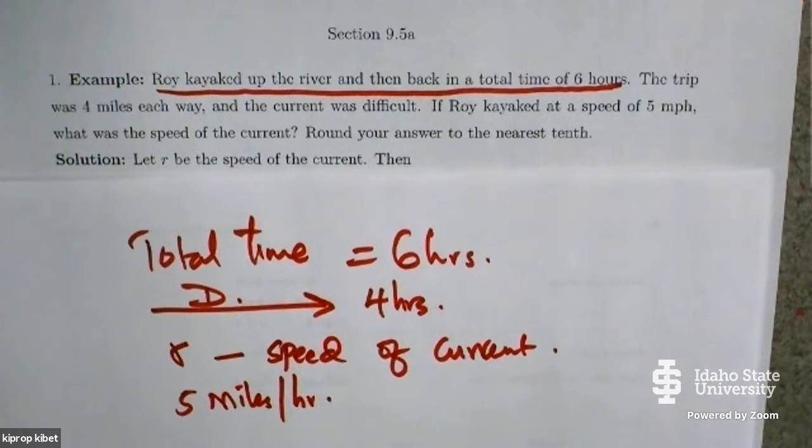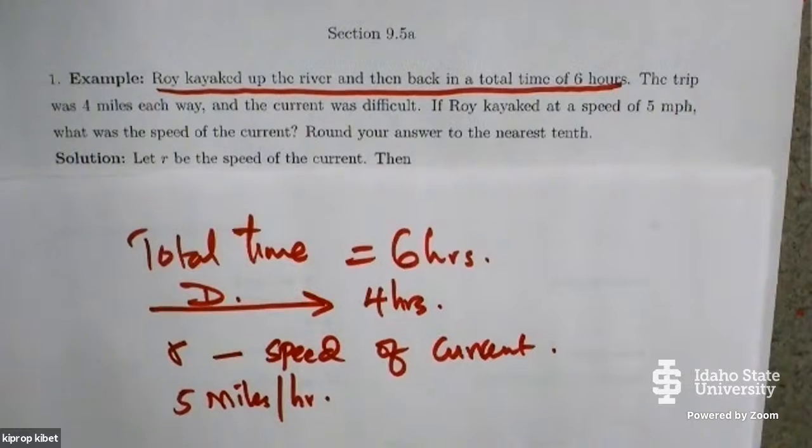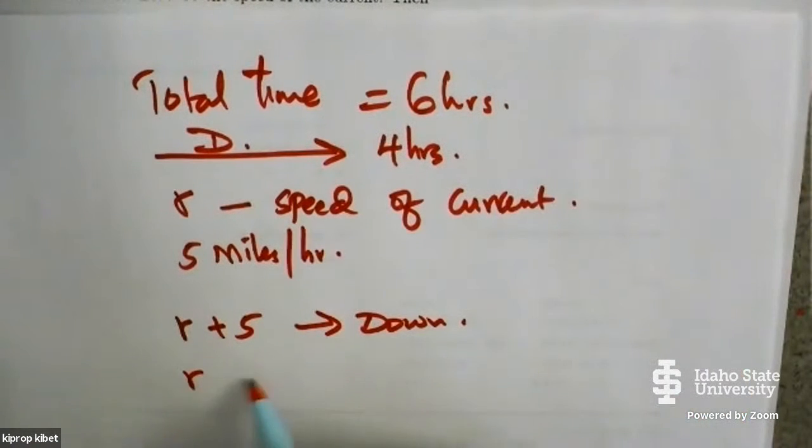It increases. But if it was coming back and the current was pushing it back, then the speed reduces. So therefore, the speed going down you add, and the speed coming back you minus. So the speed going down is r plus 5, and the speed coming back is r minus 5.